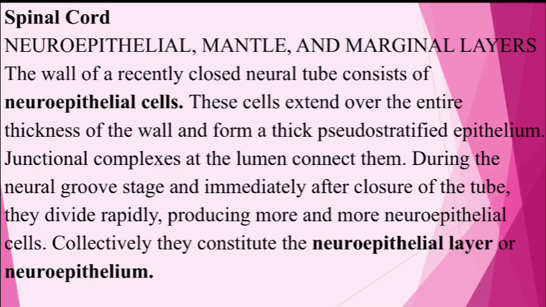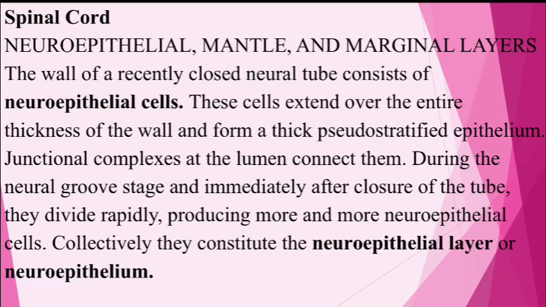So at the neural groove stage, and immediately after closure of the neural tube, you have a division of the neuroepithelial cells. They divide rapidly and produce more and more neuroepithelial cells. Collectively, they constitute the neuroepithelial layer or the neuroepithelium.